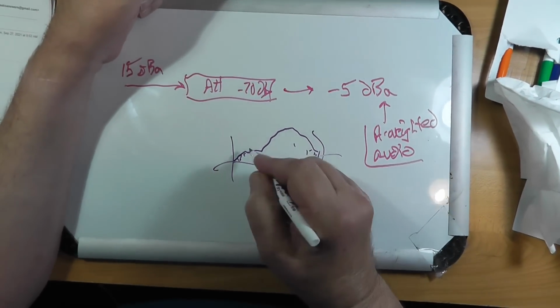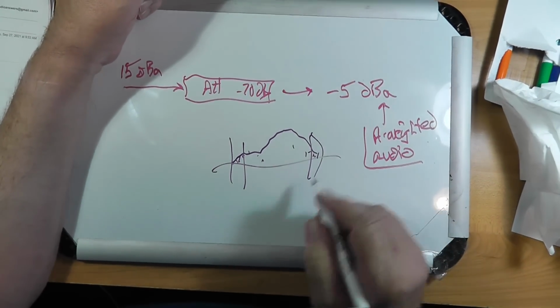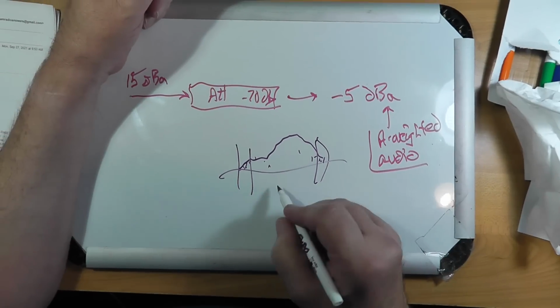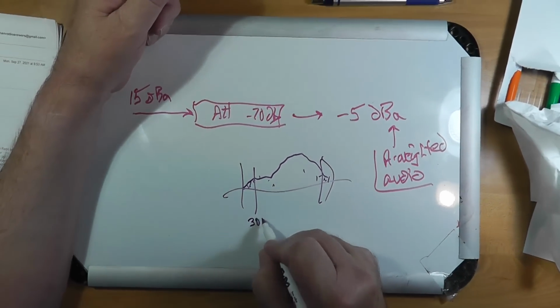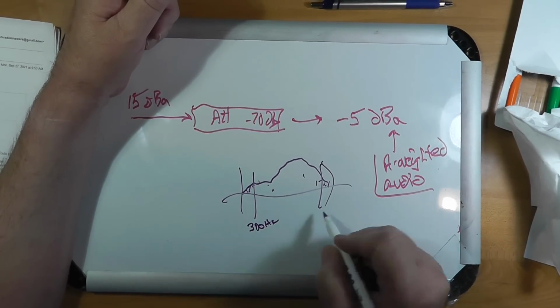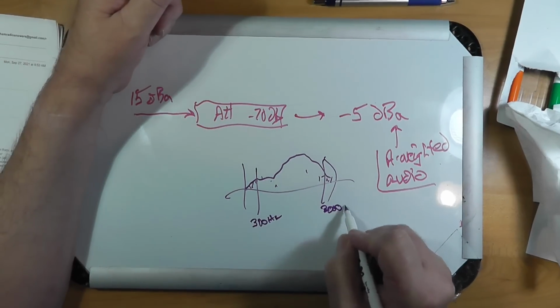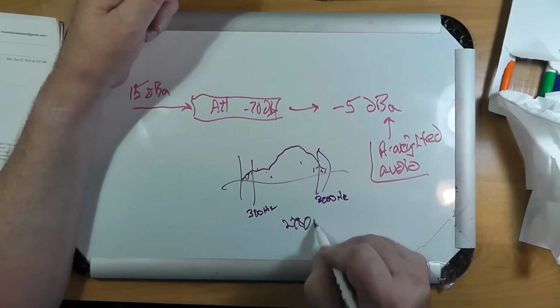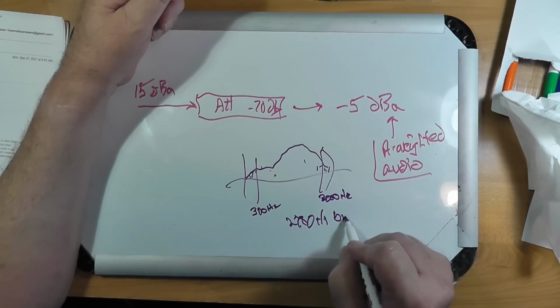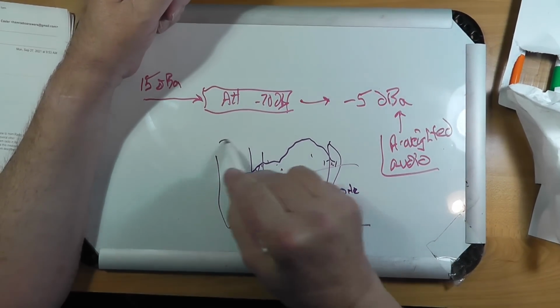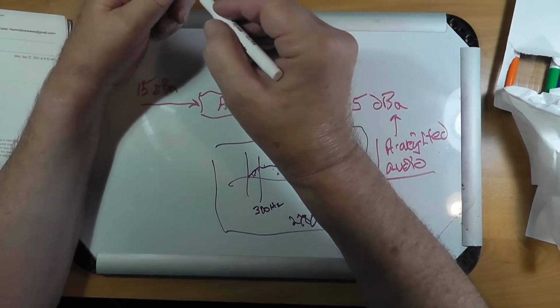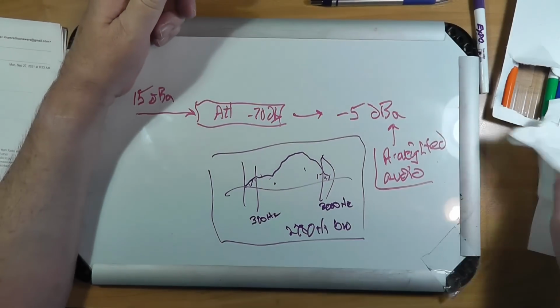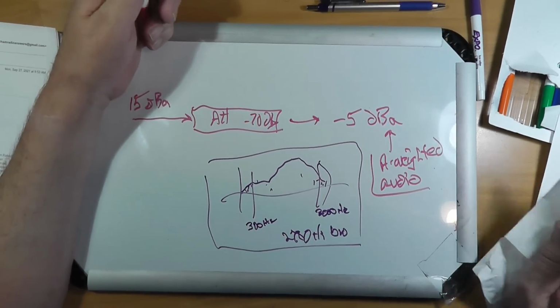It's in the middle, and in fact, the standard bandwidth for communications is 300 hertz to 3000 hertz, which is a 2700 hertz bandwidth. That's what's used for what's called toll grade telephone, and it happens to be the same bandwidth we use in ham radio.